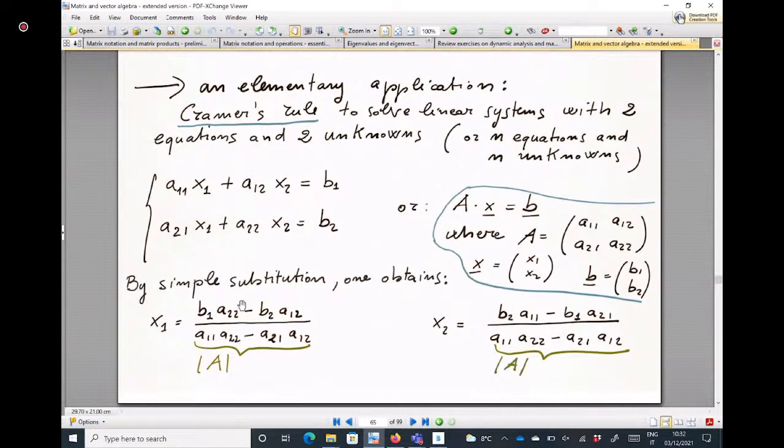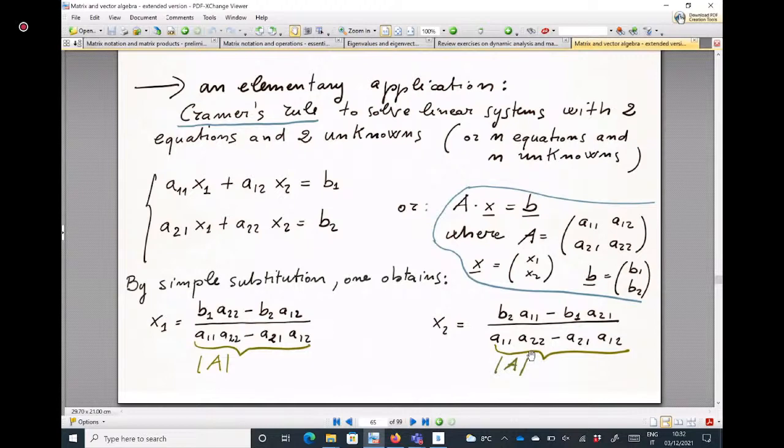Okay? Take the other unknown, x2. Take the coefficient matrix. Now eliminate the second column. Replace this with b1, b2. Compute the determinant. You have this one. Okay? So basically, with this rule, which is called Cramer's rule, the two unknowns can be determined immediately as the ratios between two determinants.